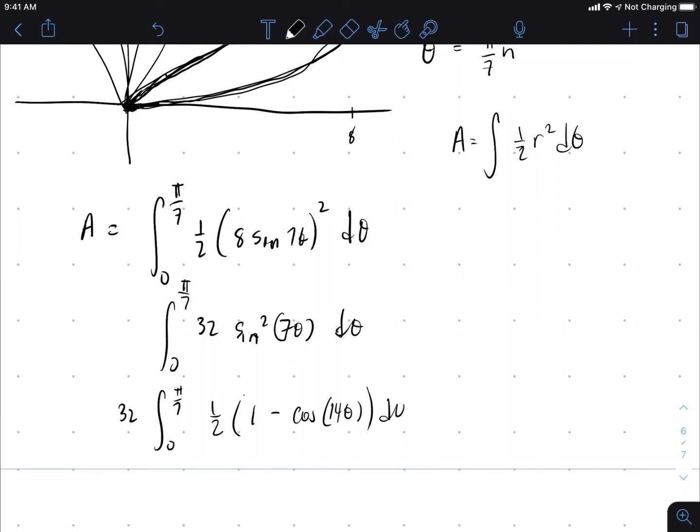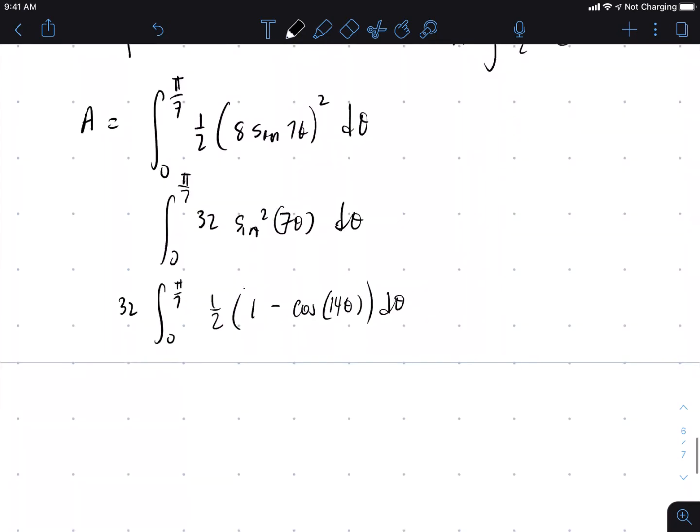Agree? All right, so that's going to be 16 integral from 0 to pi over 7 of d theta minus 16 integral of cosine of 14 theta d theta.